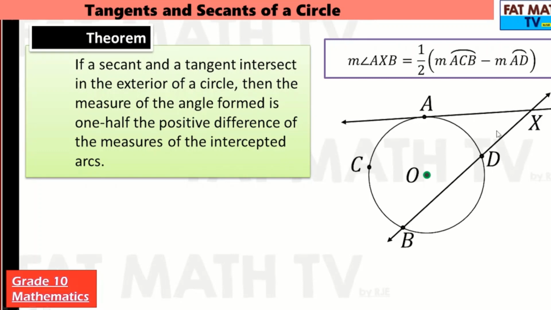So this angle is still half the positive difference of arc ACB and AD. Half the positive difference of the two intercepted arcs. So it's just the same. It's just that we have here one tangent and one secant. The previous example, we have two secants.